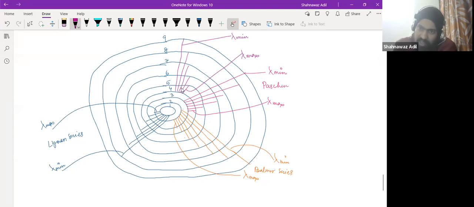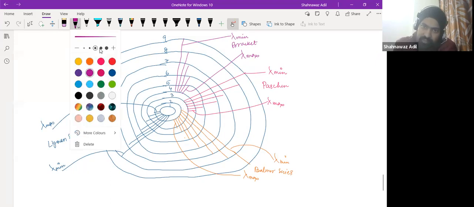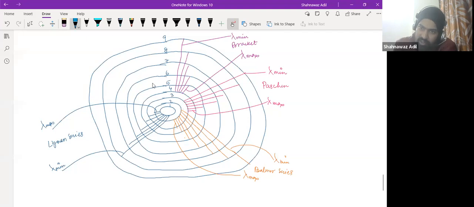And then we have this is Brackett, right? Lyman, Balmer, Paschen, Brackett, and a different one. This is going from 5.